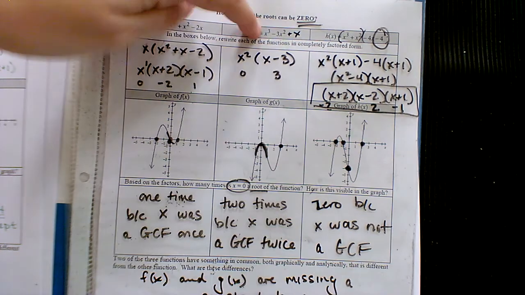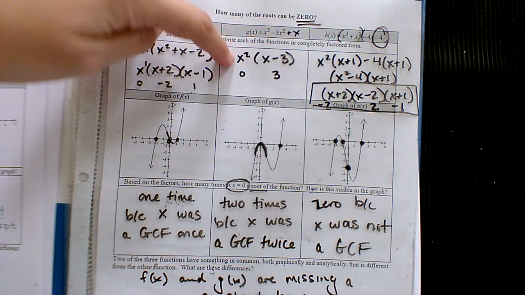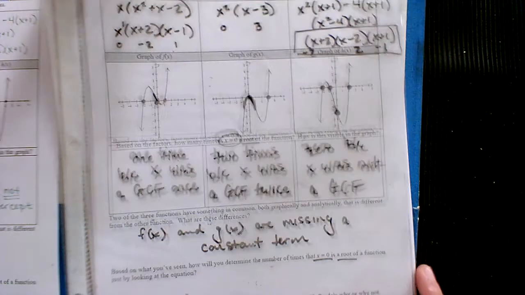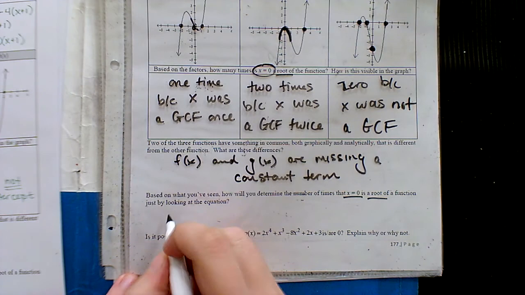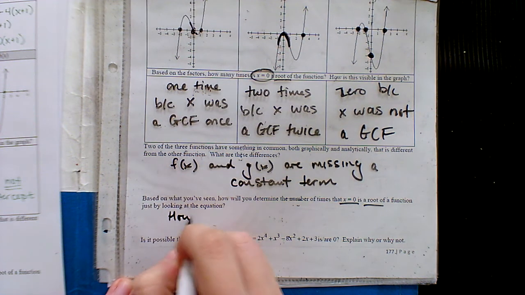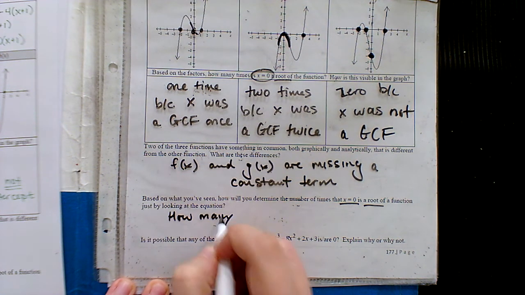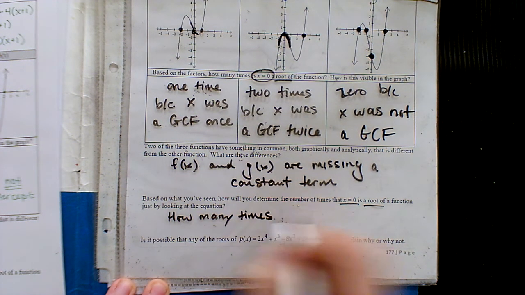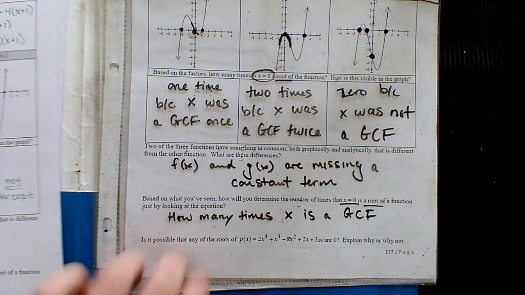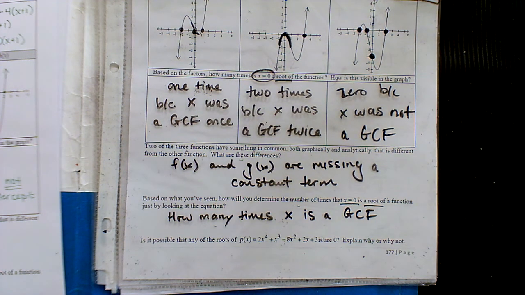So in this case, you were able to take out 2 x's, whereas this one you were just able to take out 1, okay? So I like that. We can say, how many times is x a GCF? Okay, how many x's can you take out?